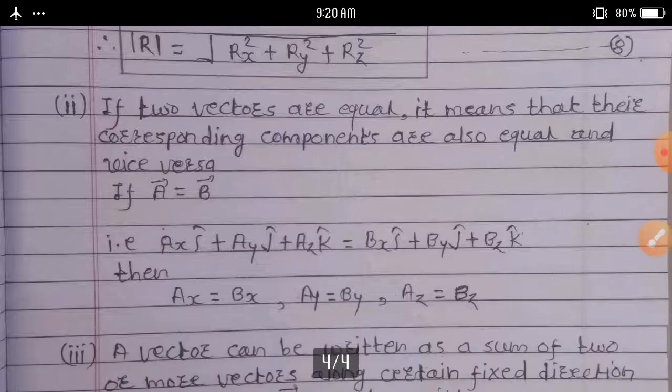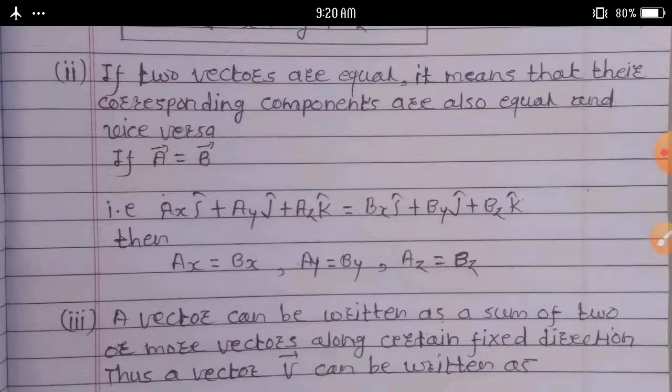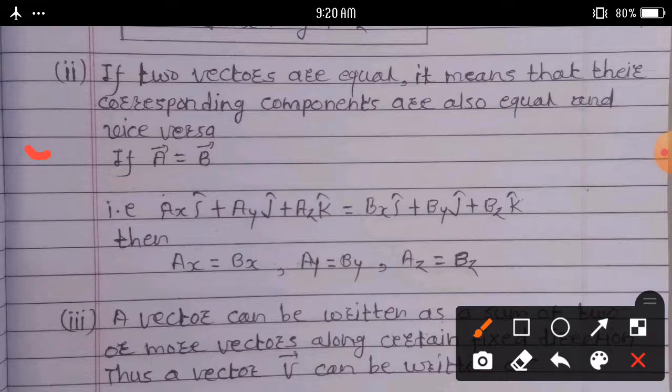Note number two: if two vectors are equal, it means that their corresponding components are also equal and vice versa. Suppose we consider two vectors.